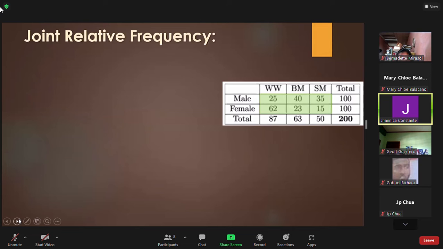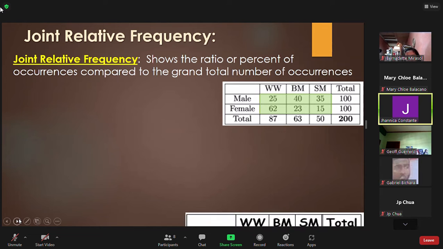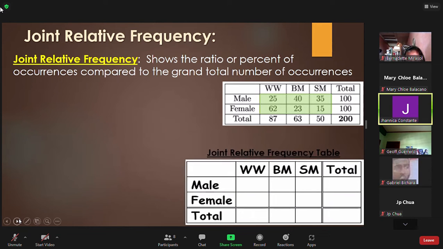The joint relative frequency shows the ratio or percent of occurrences compared to the grand total number of occurrences. So how do we solve for the joint relative frequency? You're just going to divide the cell total by the grand total.